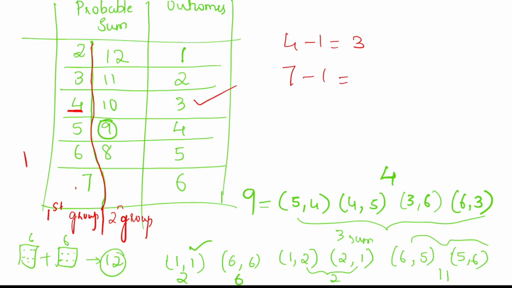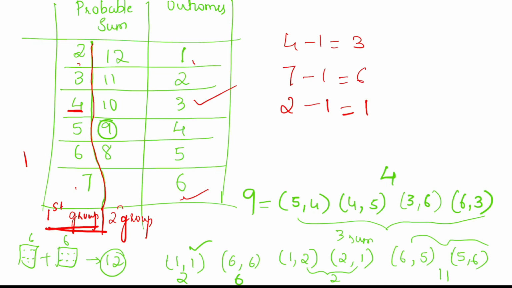So for 7 you will have 6 outcomes. Understood? Now for sum 2, how many outcomes? Minus 1, you get 1. So for 2 you have 1 outcome. So for the first group, if any number lies in the first group, deduct 1 from that, and whatever number you get will be the number of outcomes for that particular sum.